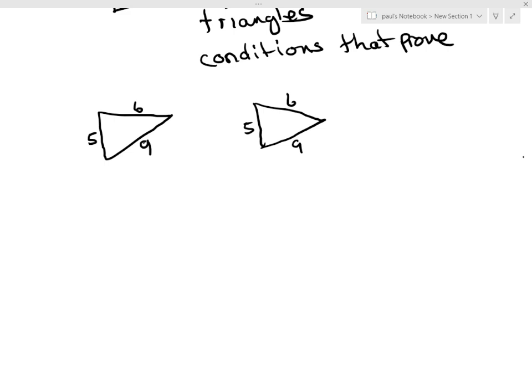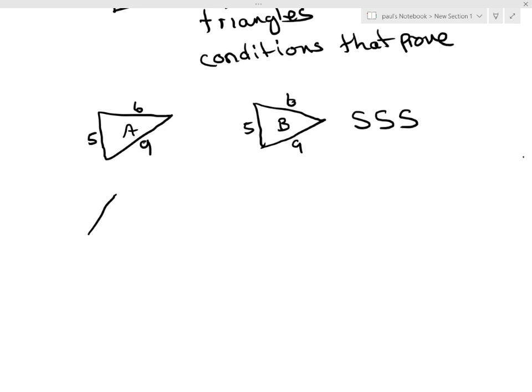So when you have 3 sides the same, triangle A is congruent to triangle B. So this is called side, side, side. Side, side, side is a condition that proves that these 2 triangles are the same.